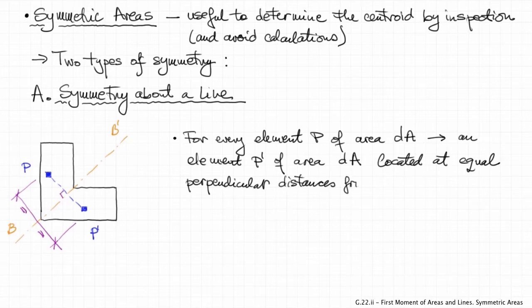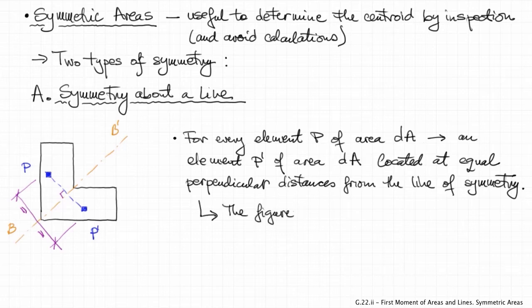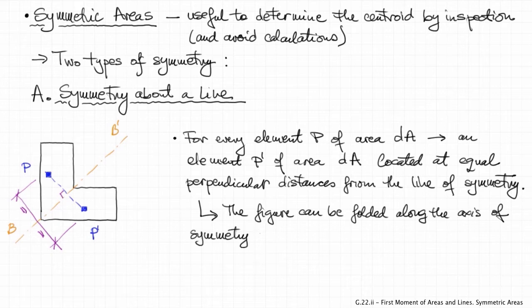So these two elements are located at the same distance from the line of symmetry, in this case from axis BB prime. As I said, in that case the figure can be folded along the axis of symmetry and the two parts will overlap perfectly.